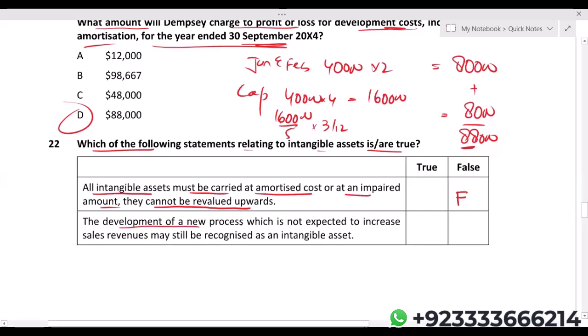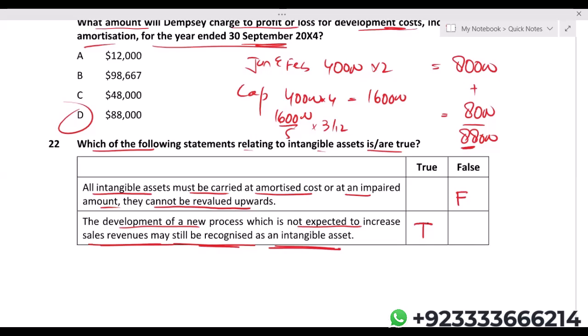The development of a new process which is not expected to increase sales revenue may still be recognized as an intangible asset. True. If you just recall the conditions when we start capitalizing the development expenditure, one of the 6 conditions is that the organization is in a position to demonstrate how they will get the economic benefit from that asset, either by selling it or using it.